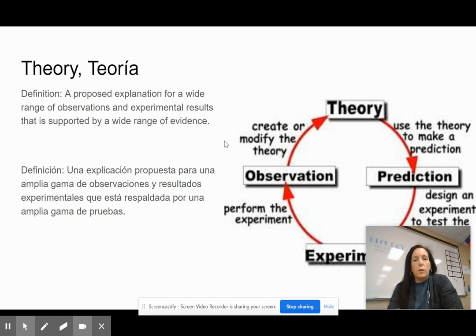A theory is a proposed explanation of a wide range of observations and experimental results that are supported by a wide range of evidence. A theory has been tested, and it's like many labs put together. When I put many labs and a lot of data together, I come up with a theory.